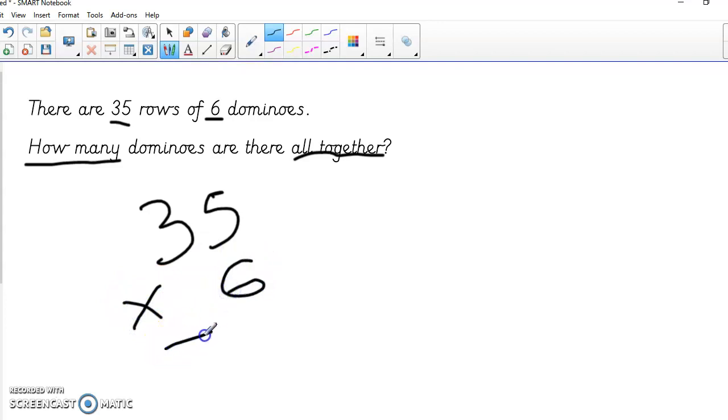Now notice that I have put my 6, which is the number that I'm using, the multiplier, on my ones column.